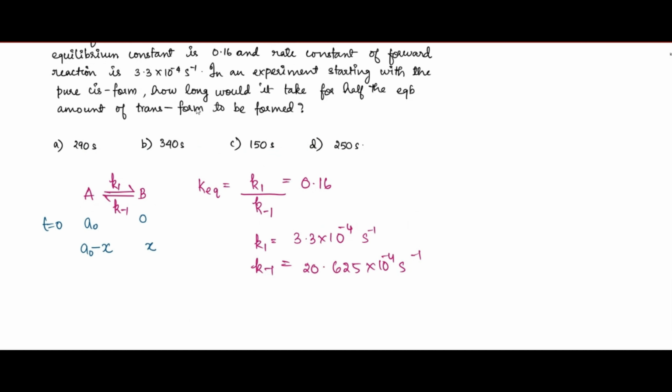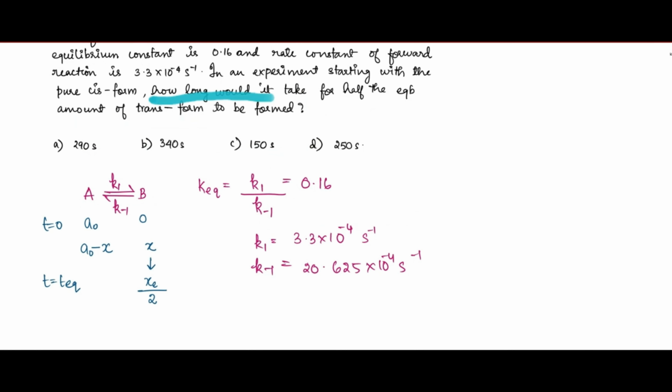So question അവർ ചോദിച്ചിട്ടുള്ളത് how long would it take for half the equilibrium amount of transform to be formed? അപ്പോ equilibrium at t is equal to equilibrium, ഈ X എന്ന് പറയുന്നത് എന്താണോ equilibrium amount അതിന്റെ പകുതിയാകാൻ വേണ്ടിയിട്ട് വേണ്ട സമയമാണ് ചോദിച്ചിട്ടുള്ളത്. ഈ X is equal to XE by 2 ഇട്ടത് നിങ്ങൾ കൃത്യമായിട്ട് മനസ്സിലാക്കണം. Read the question very well.